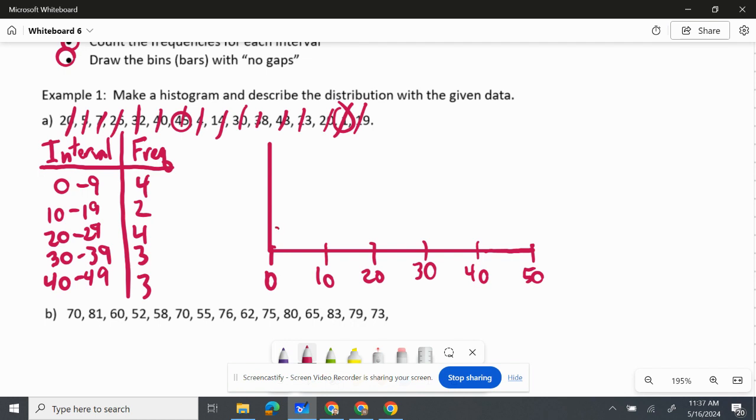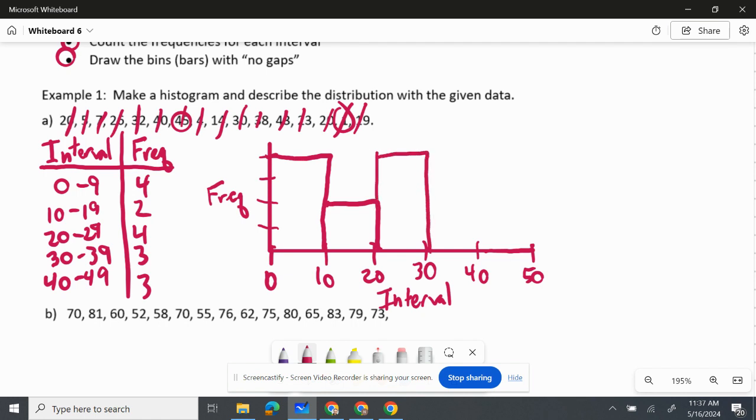So when I go up to 4, which is my maximum, I'm going to draw a bar or a bin, and then my X would be my interval. So the next one would be 2, and then I have 4 again, and then I have 2 at 3.